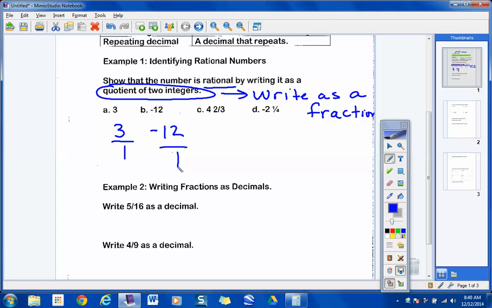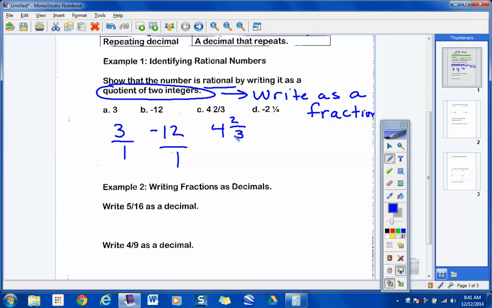Now this next one, I don't like the way it's written, but this is some kind of a mixed number, 4 and 2/3. 4 and 2/3 is considered rational. Now guys, I know that you've talked about this before. Does anybody recall how to turn mixed numbers into what we would consider an improper fraction? What do you think, Lily? Don't you times 3 and 4 together and then add 2?